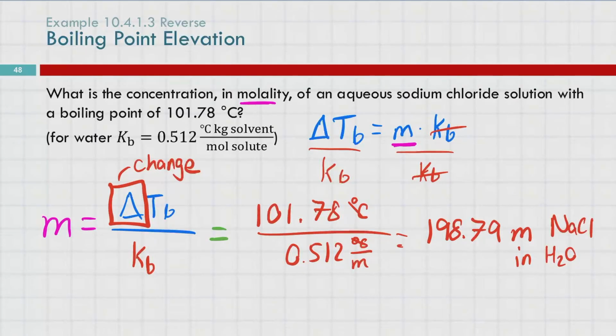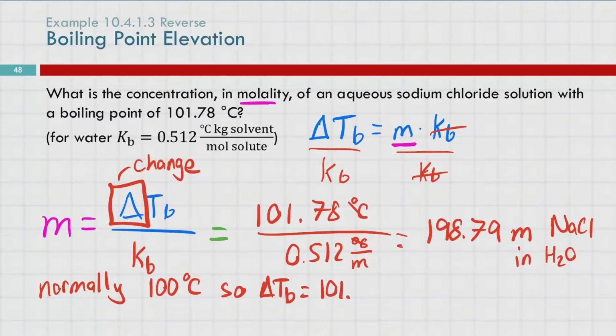What's our normal boiling point of water? 100 C. So our change is 101.78 Celsius minus 100 degrees Celsius for 1.78 degrees Celsius.